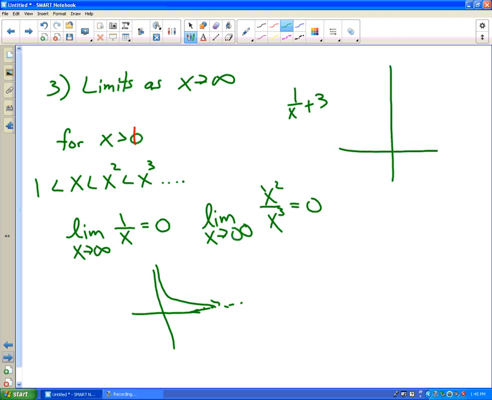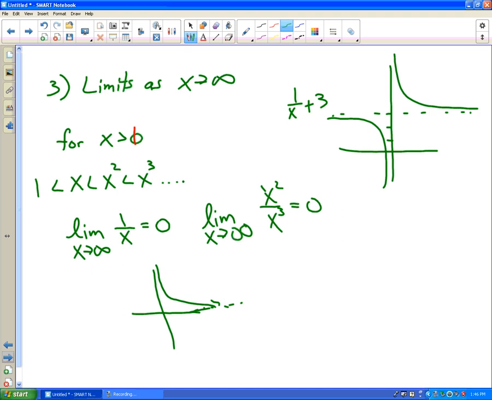So it's going to approach 3. So instead of the x-axis being our horizontal asymptote, it's going to approach 3. And then on this side, it's going to approach 3 that way. So there's more than 2. All we have to do is add a different value. And there's even a place where the limit would not exist.